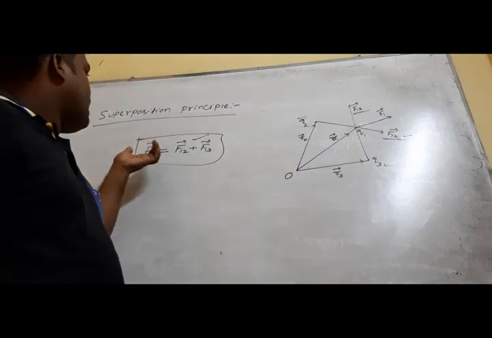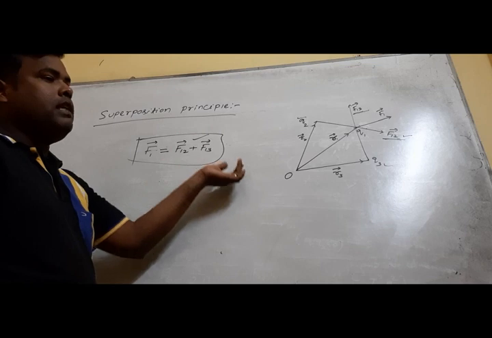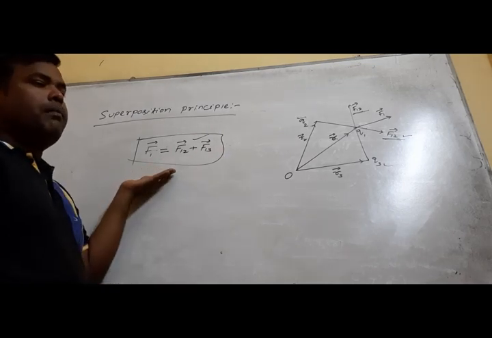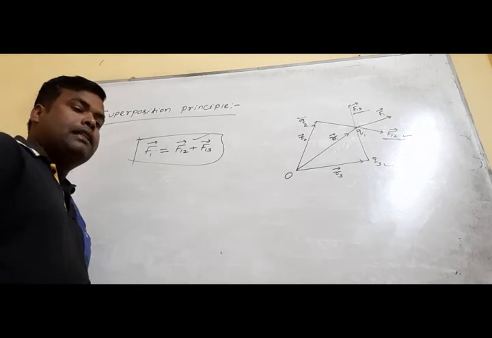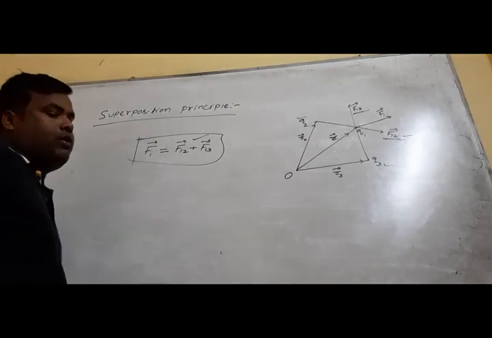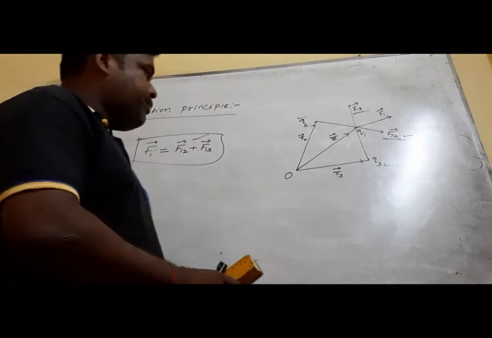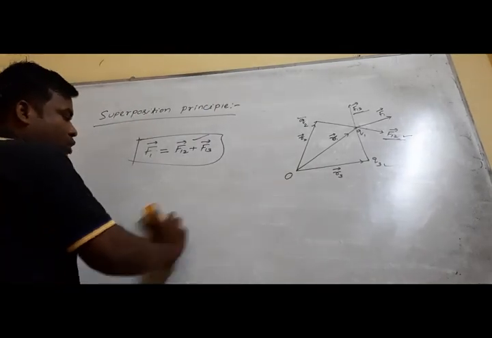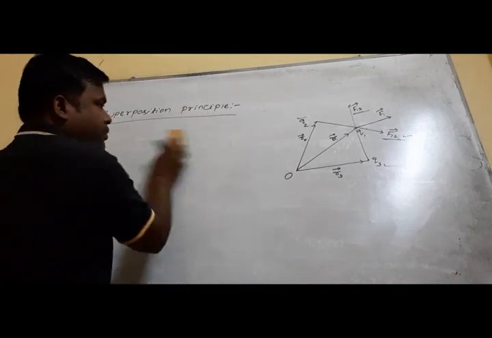So net force F1 will be F12 plus F13 plus F14. It is vector addition. We have to take vector addition, not algebraic addition, because electric force is a vector quantity. Let us solve one question based upon this superposition principle.